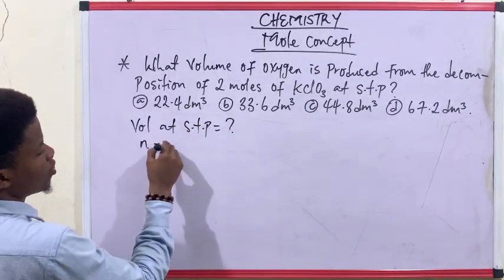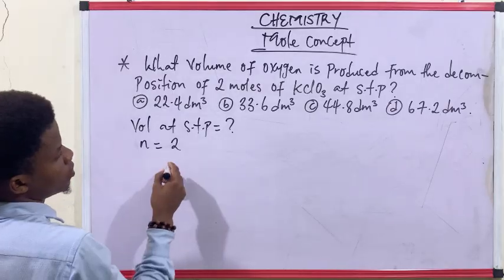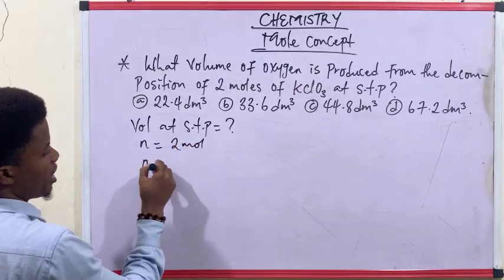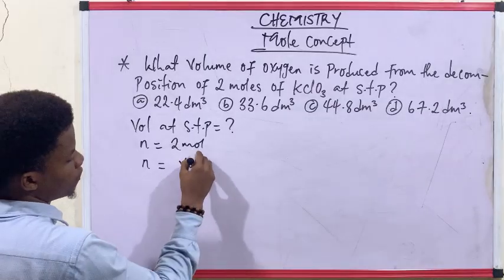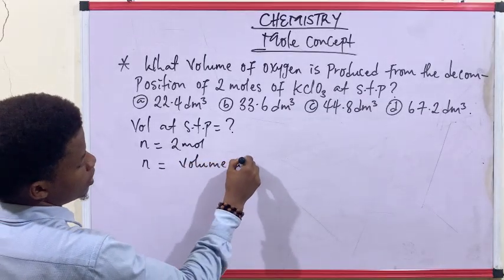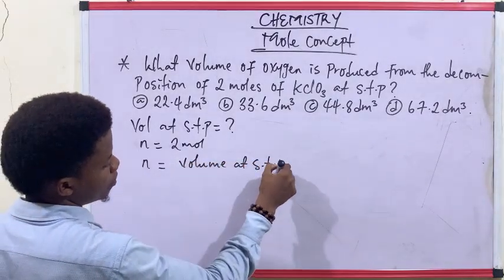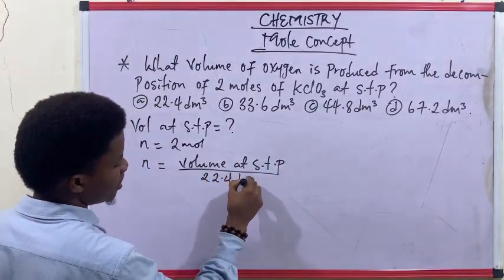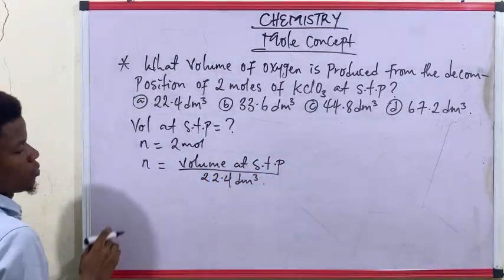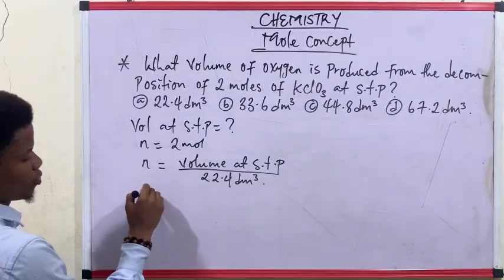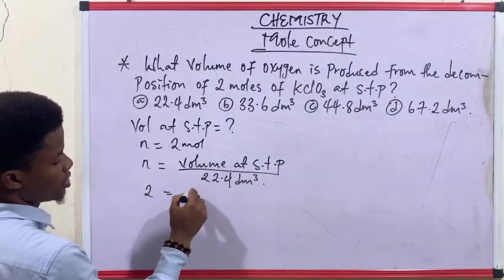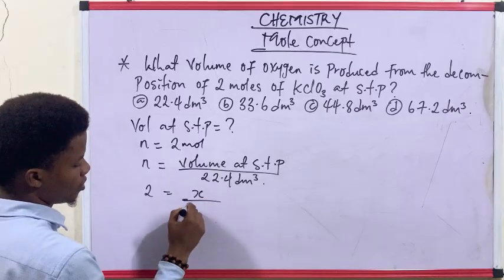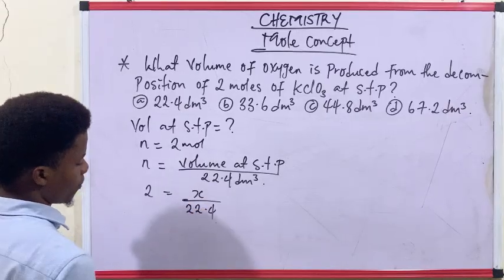The number of moles is 2 moles. So it is a very easy question. Just use n is equal to volume at STP all over 22.4 dm cube. So what's our n? 2. Volume at STP, let's just call it X. That's what we are looking for, all over 22.4.